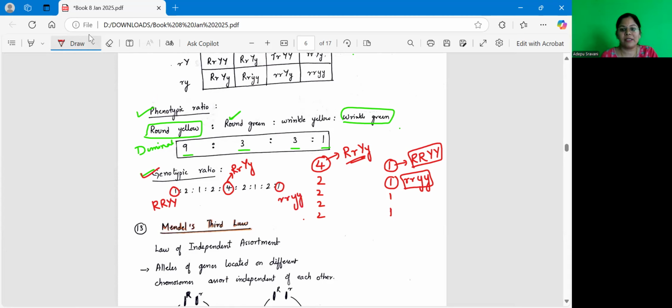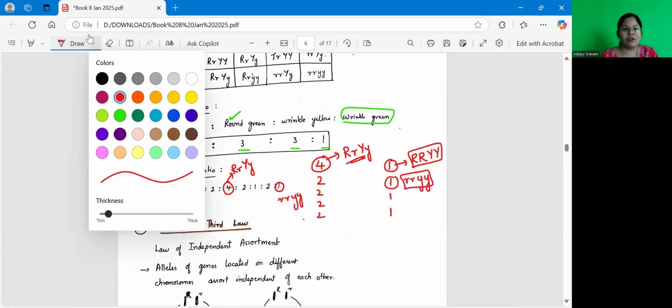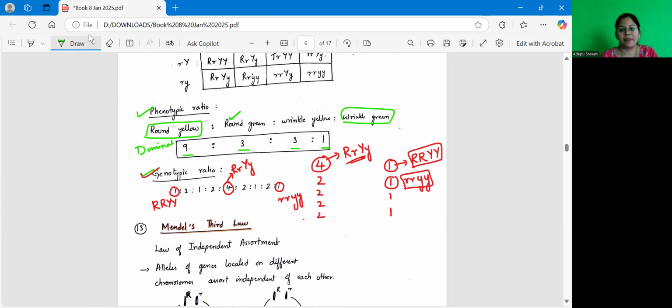Now, coming to the other ones. I told 1s will be always homozygous. So here what happens is capital R, small y, and small r, capital Y. See, these are also homozygous only, no?